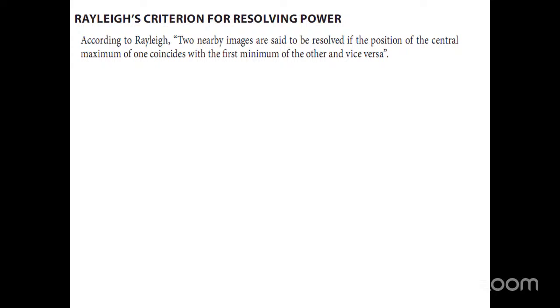According to Rayleigh, two nearby images are said to be resolved if the position of the central maxima of one coincides with the first minimum of the other one and vice versa.